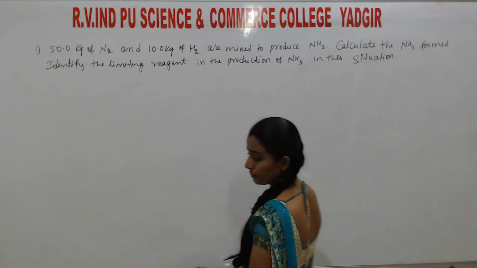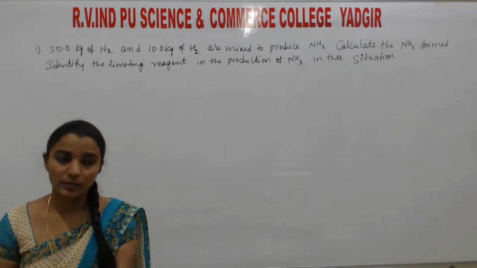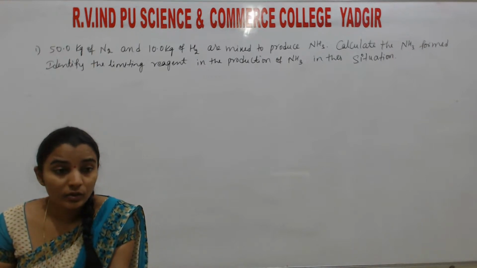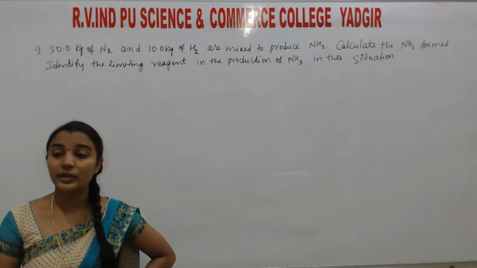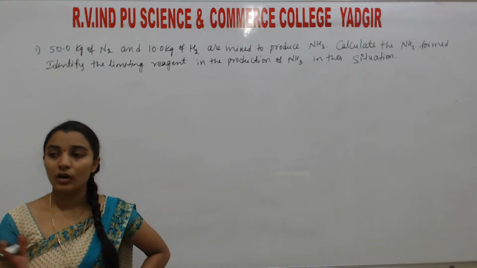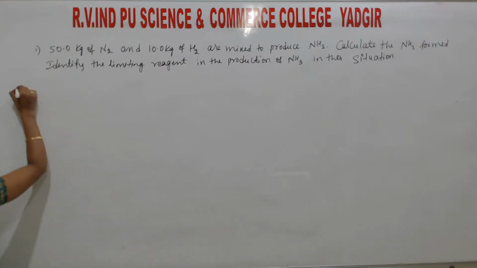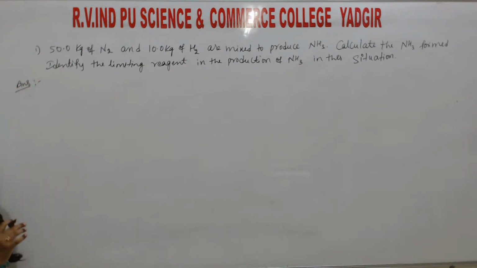This is the problem. So students, listen. Here is given the formation of NH3 by the combination of N2 and H2, and they are going to ask you to find out which one is the limiting reagent, whether H2 or N2. Initially for this you need a balanced reaction.